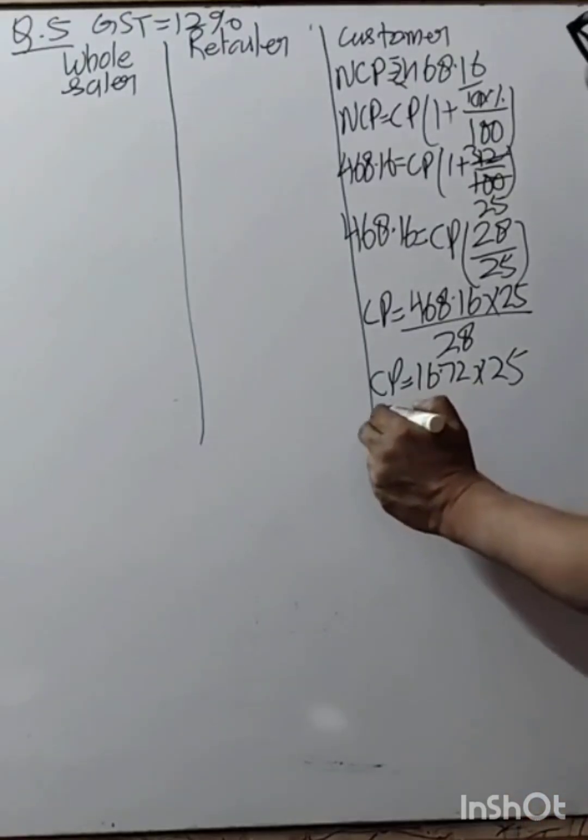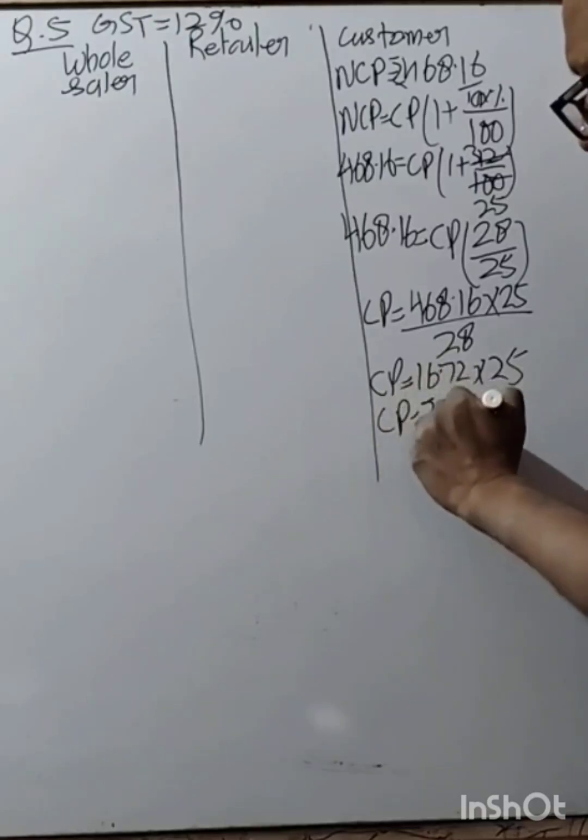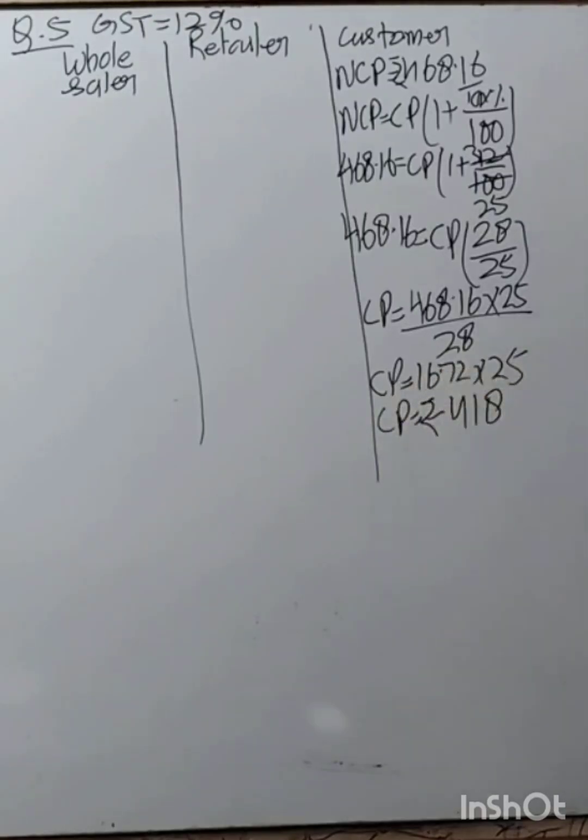So CP is rupees 418. Right? This is the customer's cost.